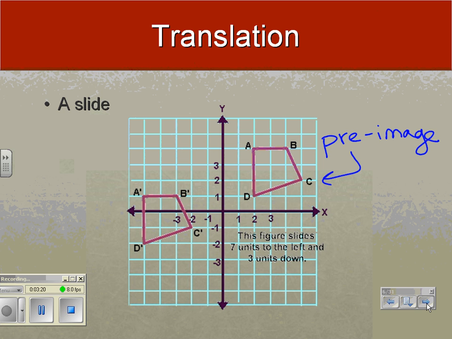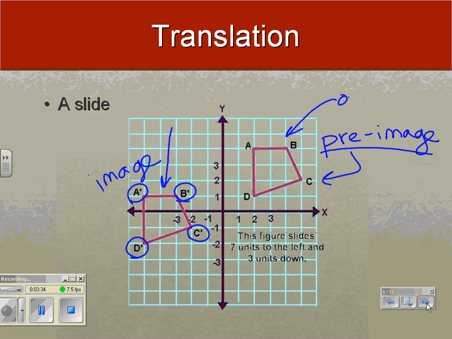So there's the pre-image, and here's the image, and the way you recognize it is by noticing that each of these labels has an apostrophe attached. So this is A, B, C, D prime, it's the image, and this is the original, the pre-image. So what happened is we took each point, let's try A, and we moved 1, 2, 3, 4, 5, 6, 7 to the left, and then we went downwards 1, 2, 3.